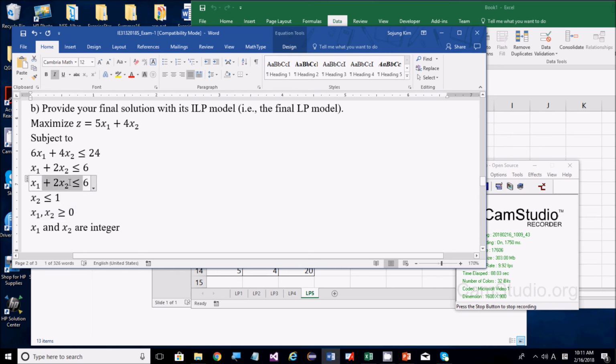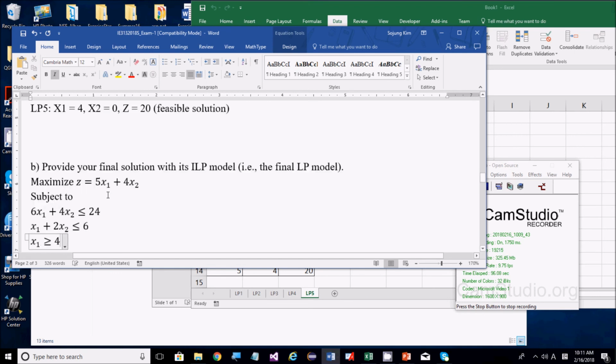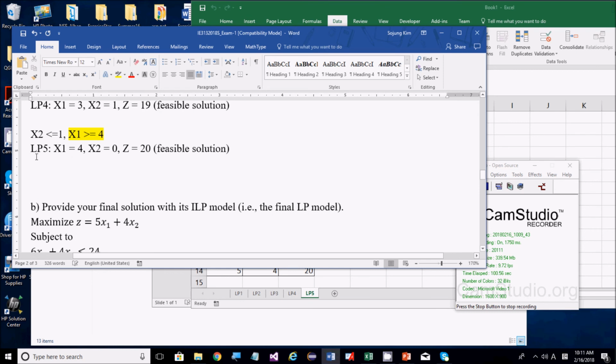Oh, the sequence does not matter. Alrighty, so here it also asks for the final solution, so we also need to write down the final solution. So this one will be the optimum solution.